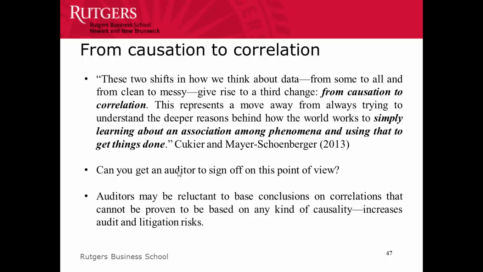Let me give you a simple example. If auditors using big data find a correlation between newly divorced employees and overbilling of expenses, so what are they supposed to do with that information? Should they recommend that divorced employees be subject to great scrutiny or be fired?